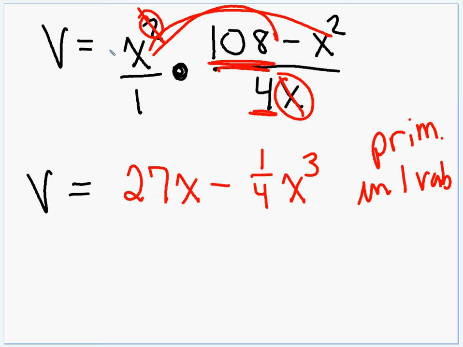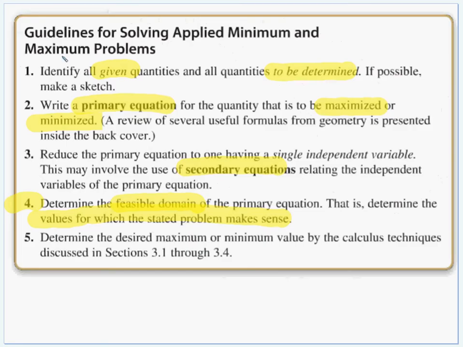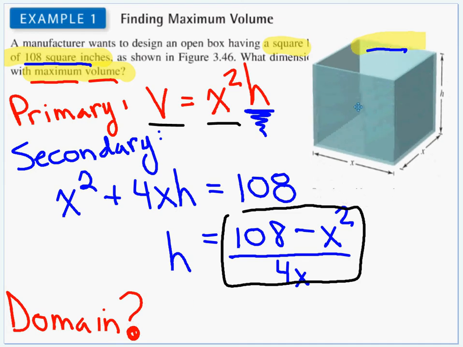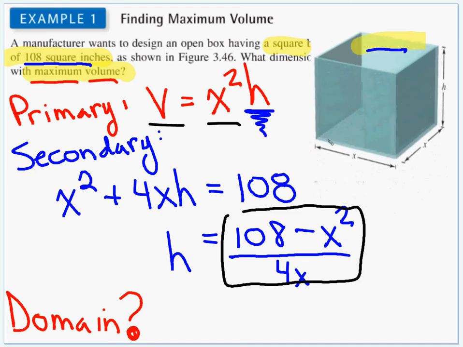Okay, I almost forgot myself. Remember I said it's not that critical sometimes to determine the feasible domain. Well, let's look at it here. So what is the domain of x? How small or how big can we make x? I always like to go back to my picture. So look here. X is the side of one of these pieces of our square base.